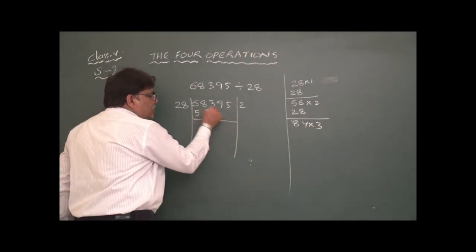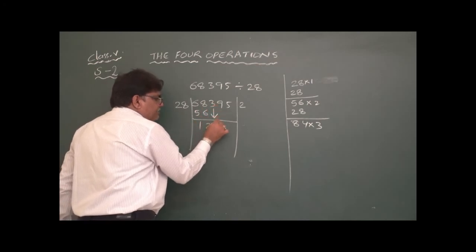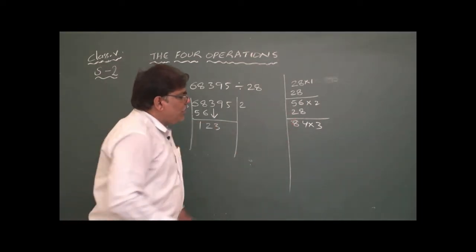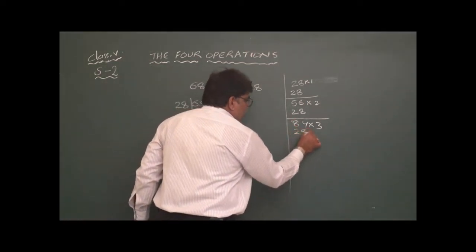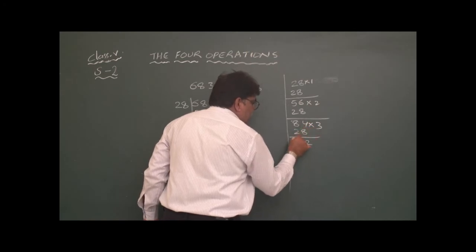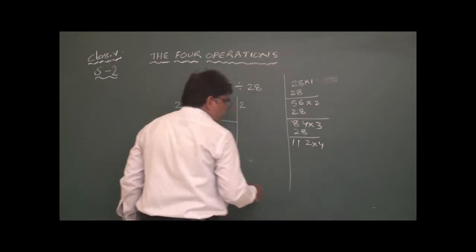Subtract: 8 minus 6, 2; 6 minus 5, 1; and take carry 3. Now 123. Which table? Add 28 more to 84. 8 plus 4, 12, carry 1, 112. It is the fourth table you are getting.